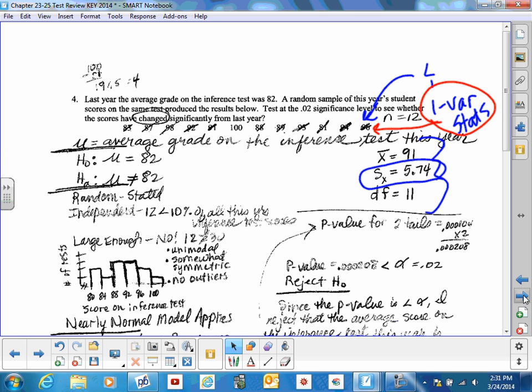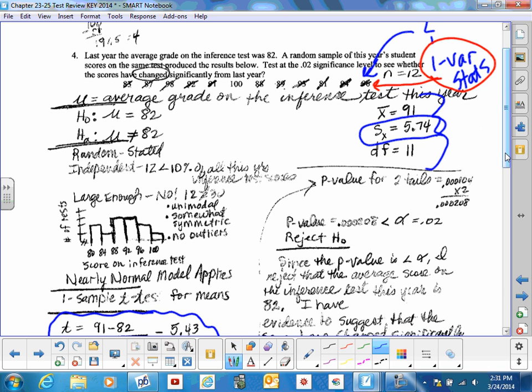If you just have this list of information, how am I getting this standard deviation for that list? How do you get the standard deviation for a sample list of data? You put it into a list and you compute stat over to calc, one variable stats, in your calculator.